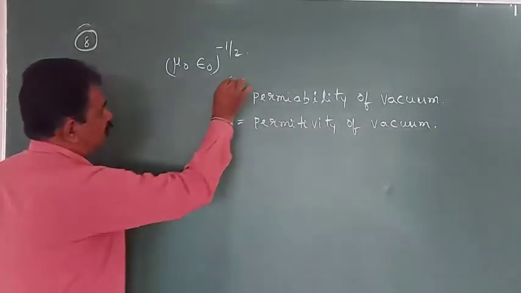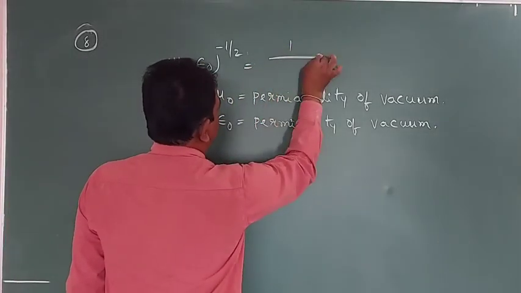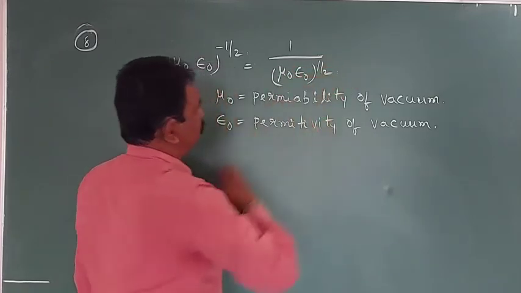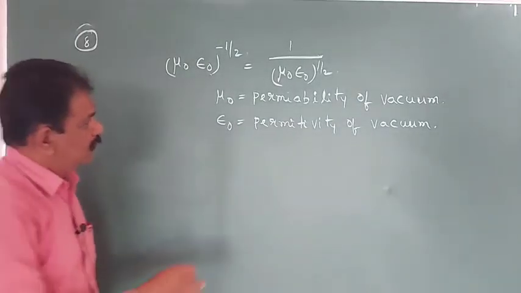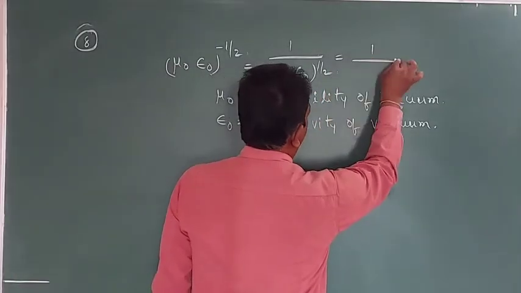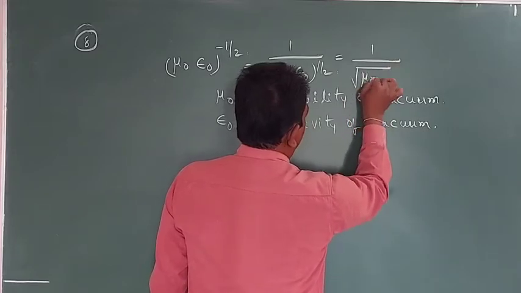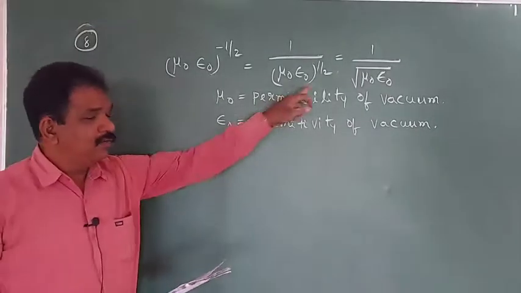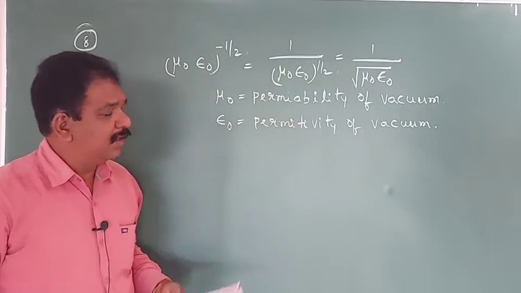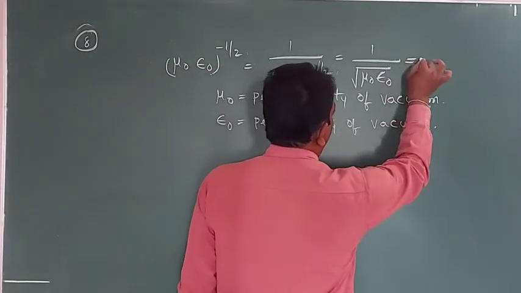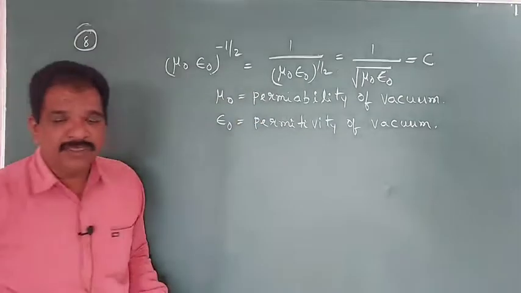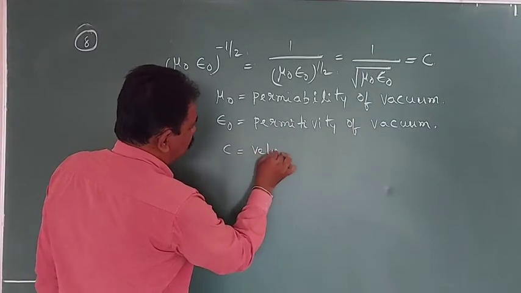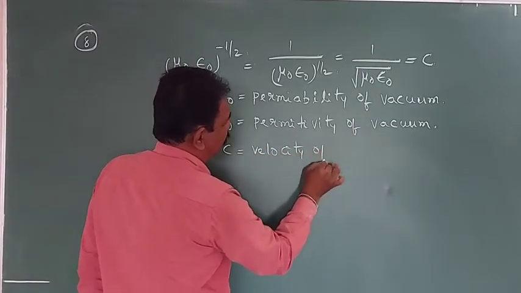Then this is equal to 1 by mu naught epsilon naught power 1 by 2. We can write it as 1 by square root of mu naught epsilon naught. C is equal to 1 by root mu naught epsilon naught. This is the formula for C, the velocity of light.